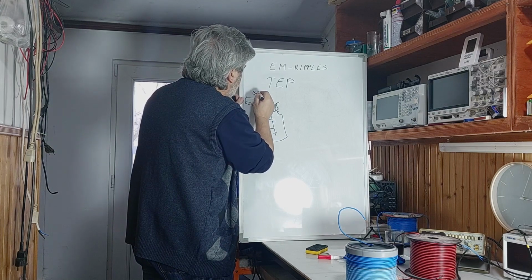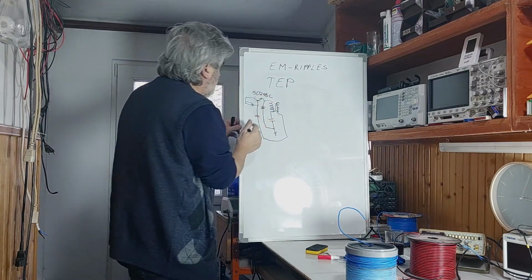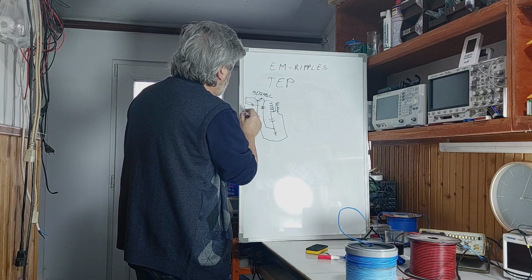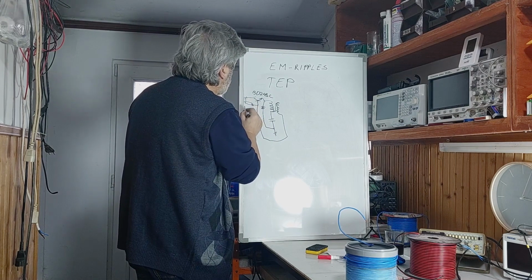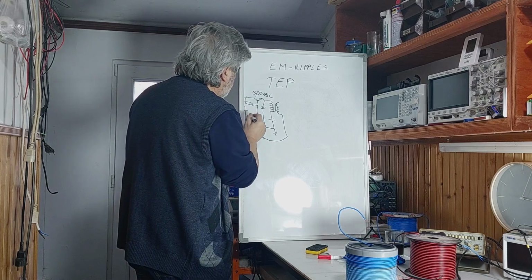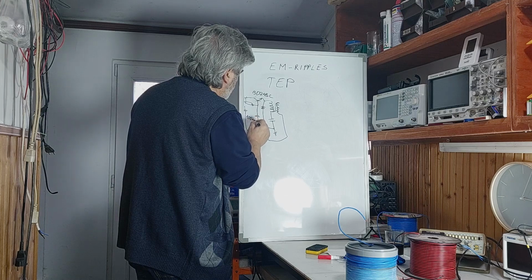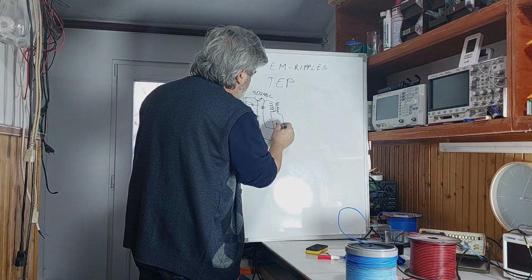Let's say it is BD, would be C. Capacitor and the source is, okay, the resistor. The source is also a capacitor, high capacity. Let's say the source is 10,000 microfarads, and the target is 10,000 microfarads.